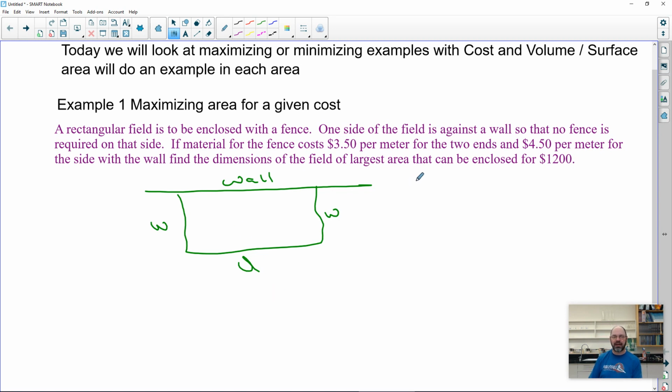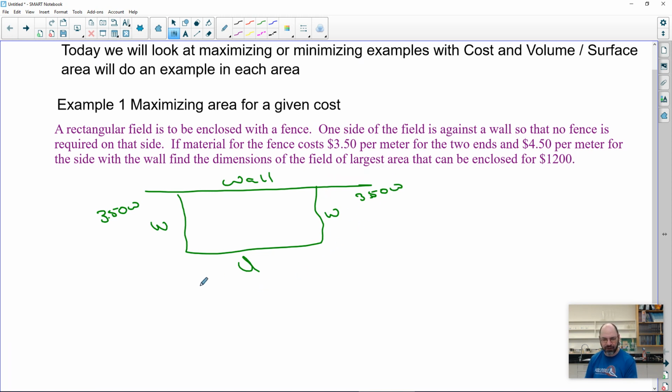Okay, so we have to use the cost instead of perimeter, because it doesn't tell us how much fence we have. It tells us how much money we have. It's telling us what it is per meter for this. So if we do this side, it's $3.50 per meter at the two ends. So this would be $3.50 W, and this would be $3.50 W, and that would be the cost where W is how many meters it is.